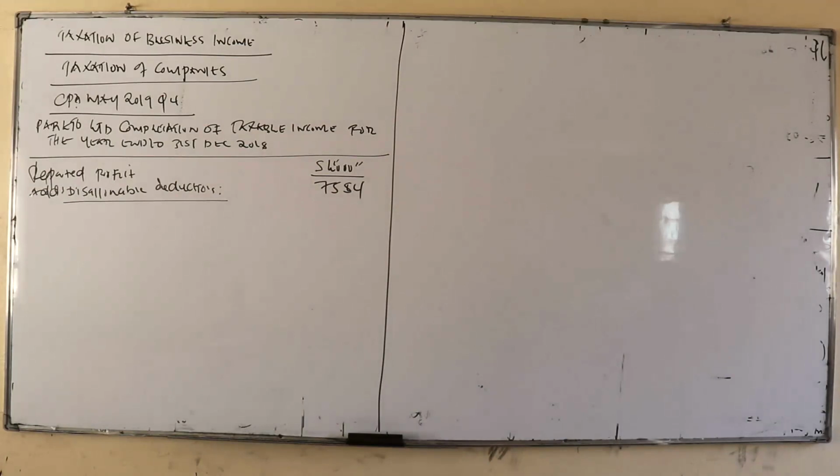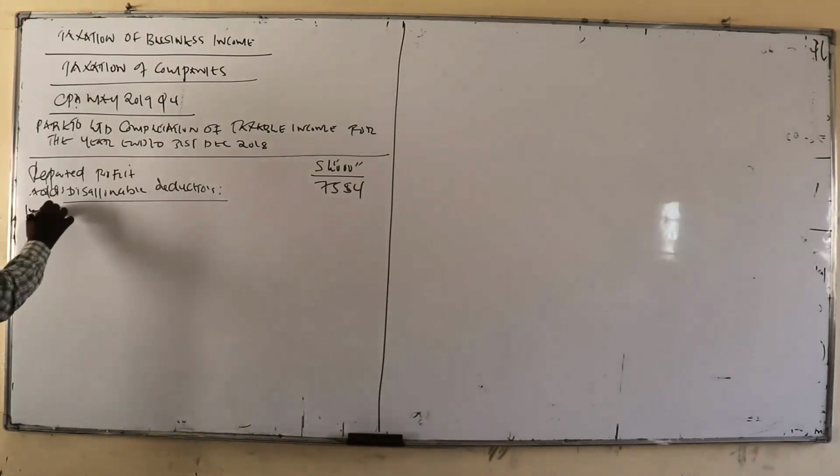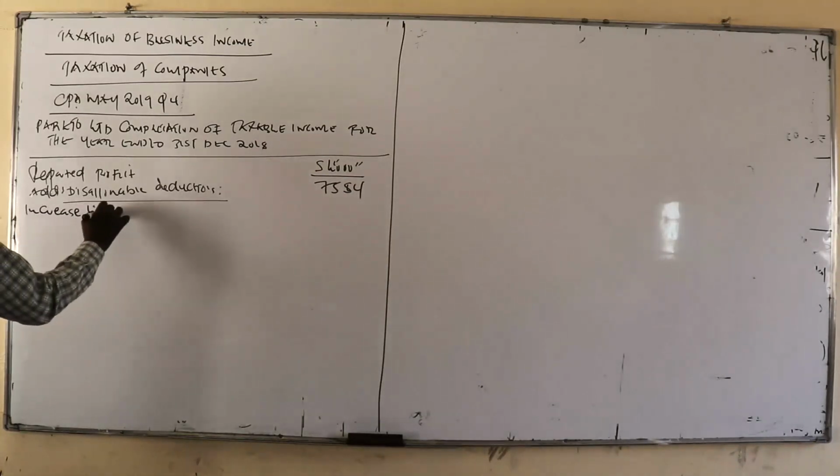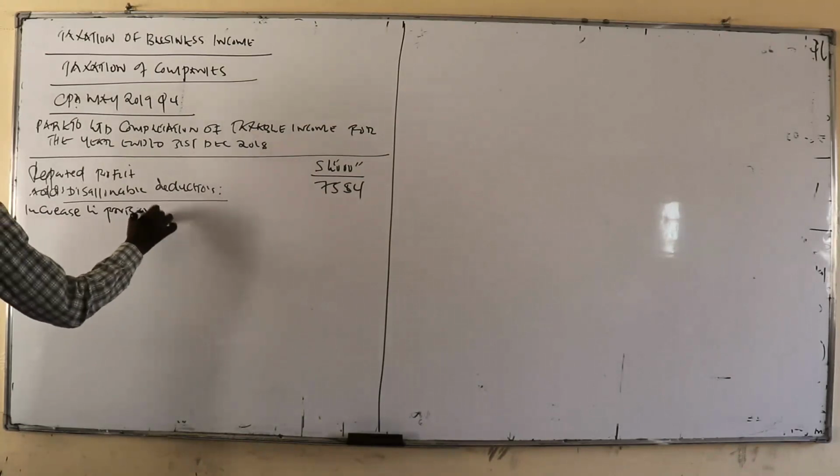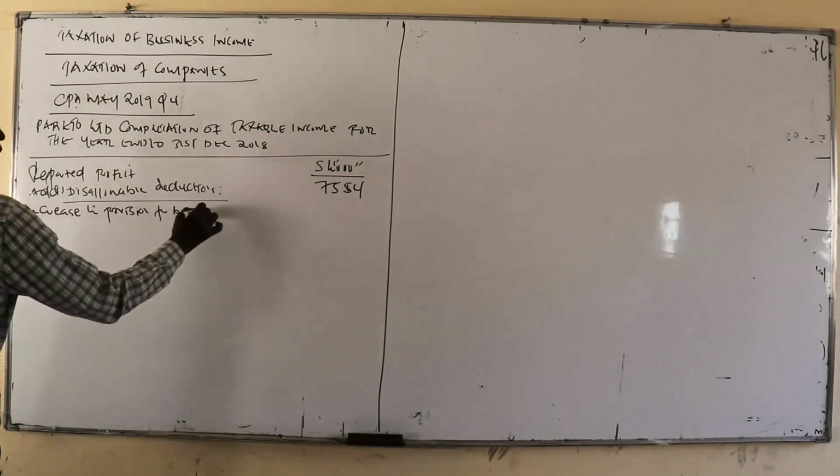So the first one is salaries and wages, which is allowable. Do you have any notes affecting salaries and wages? Nothing, so you leave it. Increase in provision for bad and doubtful debts. That is general. If they have not mentioned specific, the increase is not allowed.